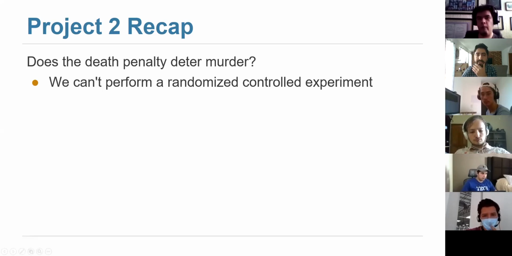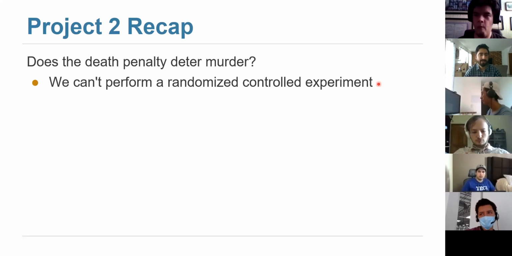In this particular case, we cannot do randomized controlled experiments like we were doing with the other data and tables. Obviously we cannot take a society, divide it in half, and say, okay, half of you start killing each other with the death penalty, half of you don't, and then study what happens.